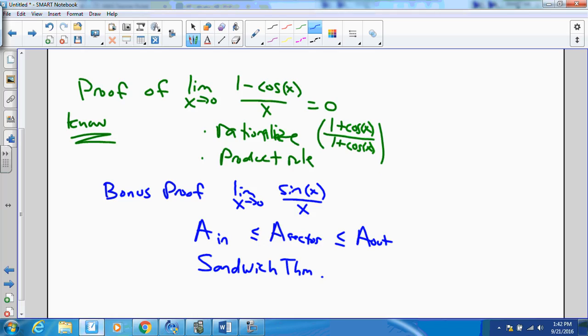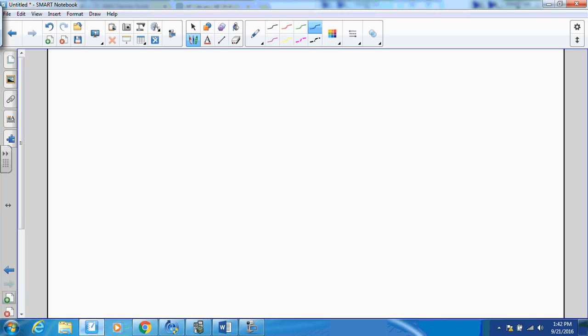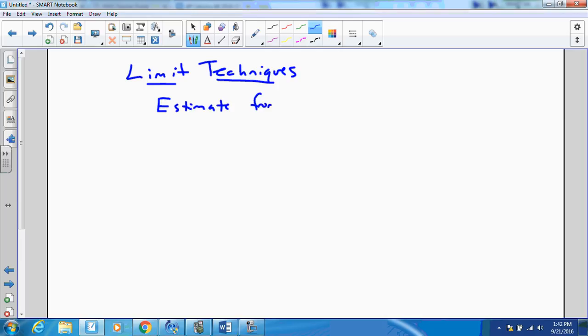What's limit? Good question. So for your quiz, for the limit techniques, we're talking about the following. First of all, evaluate or estimate from graphs, including graphing calculator.